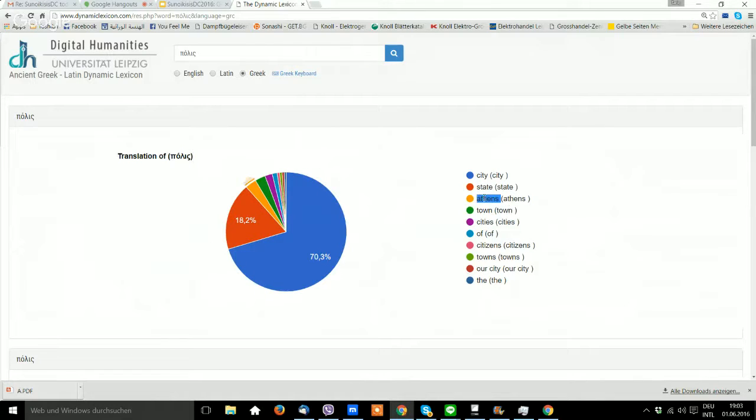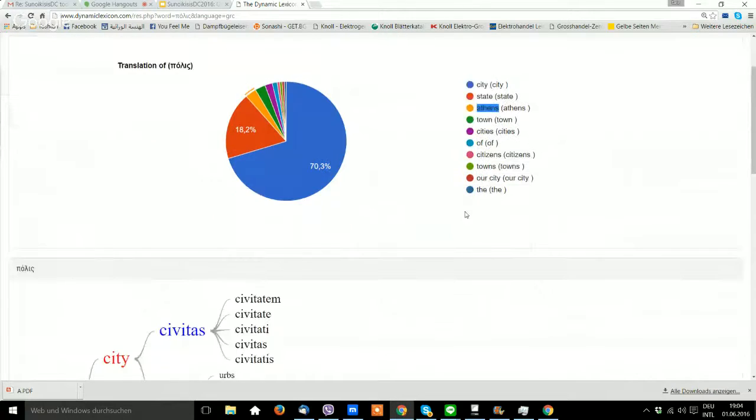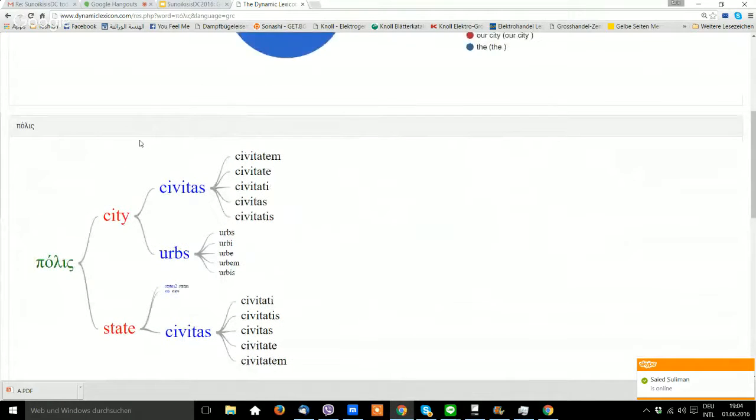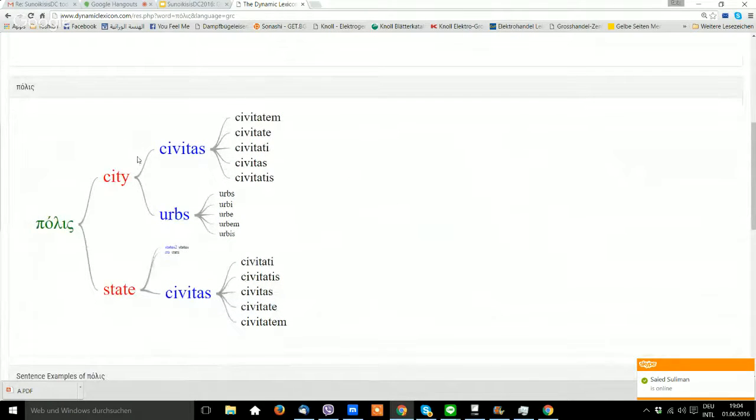As we can see here, Athens is an alignment error, because polis, as far as I know, doesn't mean Athens. But this is an interesting example, because we have to see the text. In this case, polis was used to refer to Athens. So we can consider it a mistake, but of course we have to explain that. I think this is an interesting example.